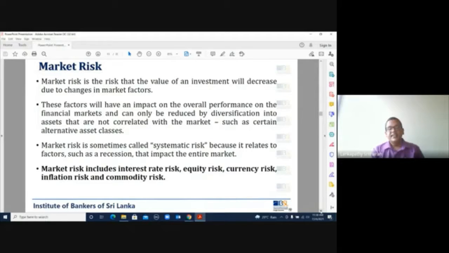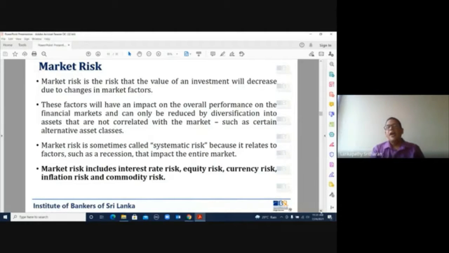If it is other fixed income investments, the interest rate may change. Market factors are interest rates and prices. Due to changes in market factors, the value of the investment will decrease. That is called market risk.